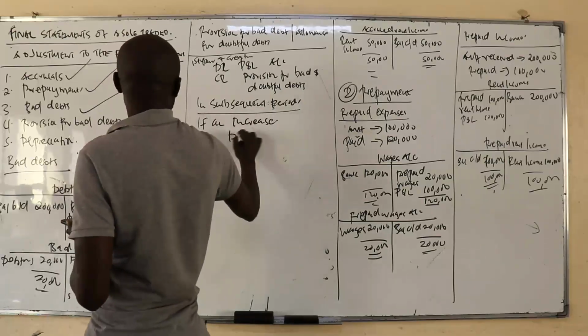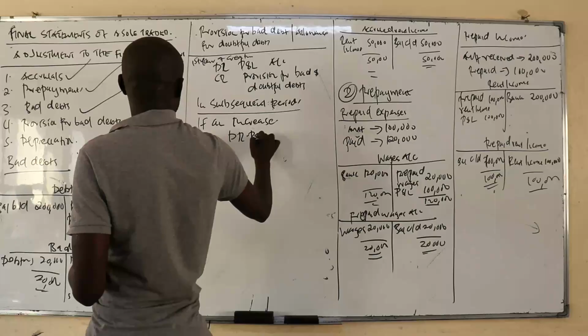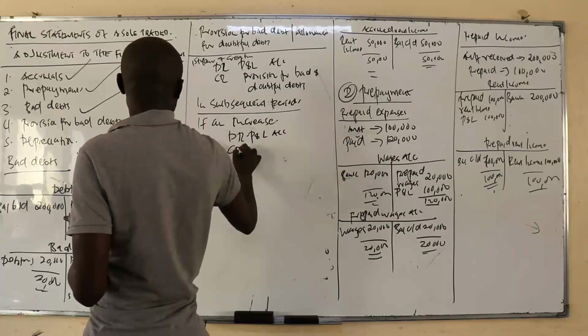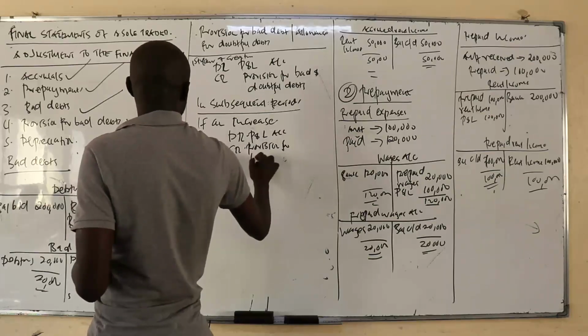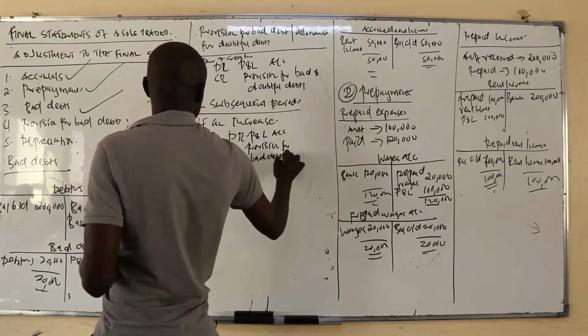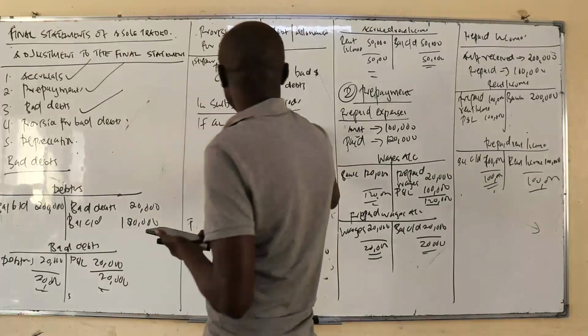So in a subsequent year, if an increase, you debit profit and loss account and you credit provision for bad debts.